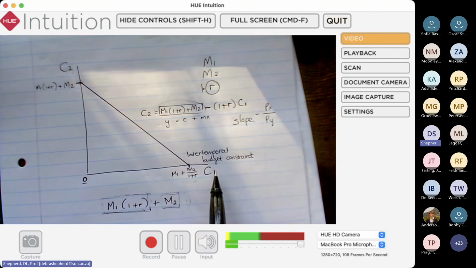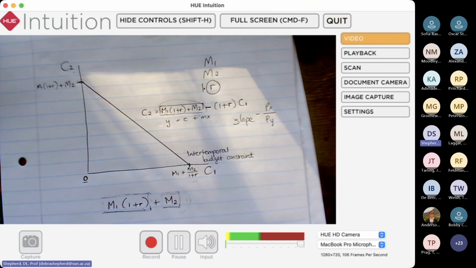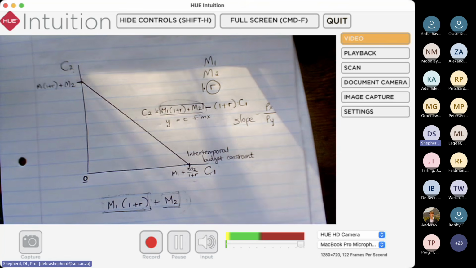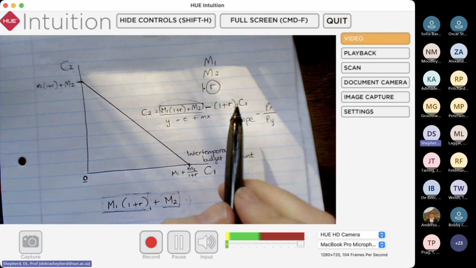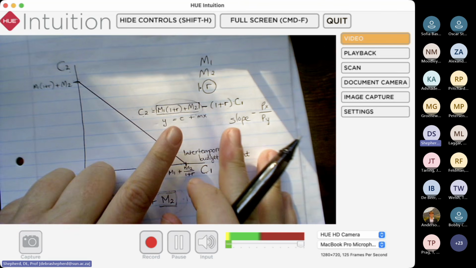So it's going to cost you 1 plus R dollars or rands for each 1 rand extra to consume today, and then multiplied by the x variable, which is C1. So it looks confusing, but if you break it down into those economic concepts, then it's pretty simple to derive for yourself. Okay, so the intertemporal budget constraint looks like this.